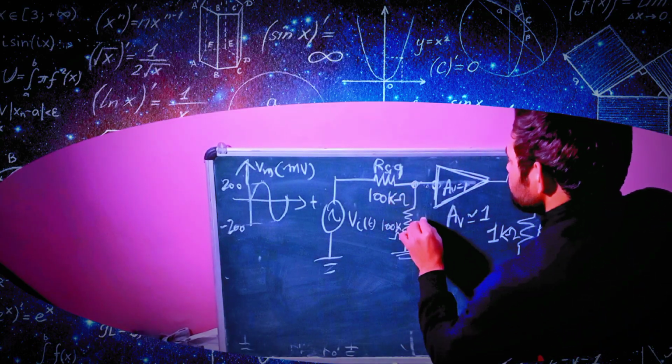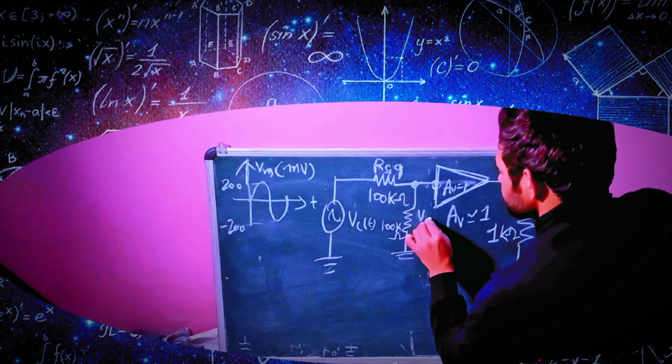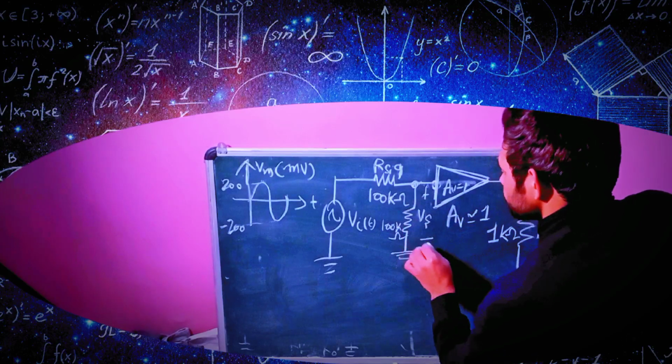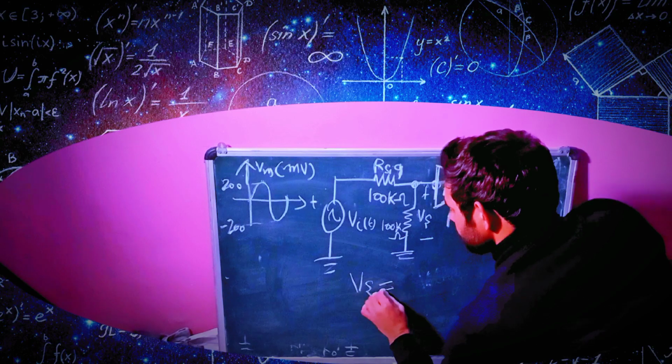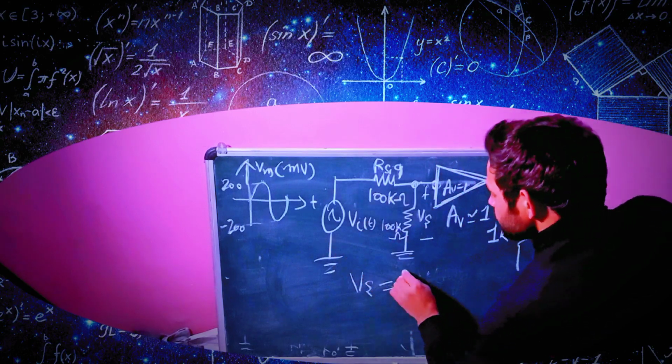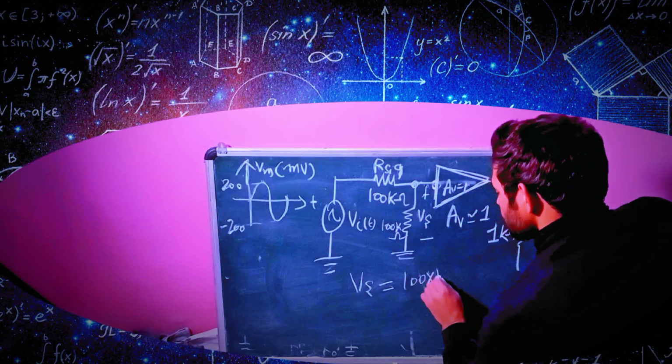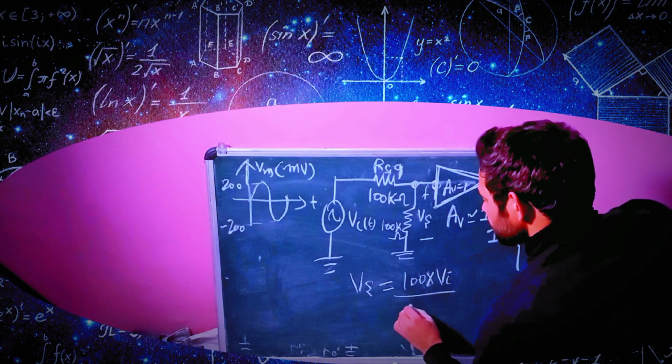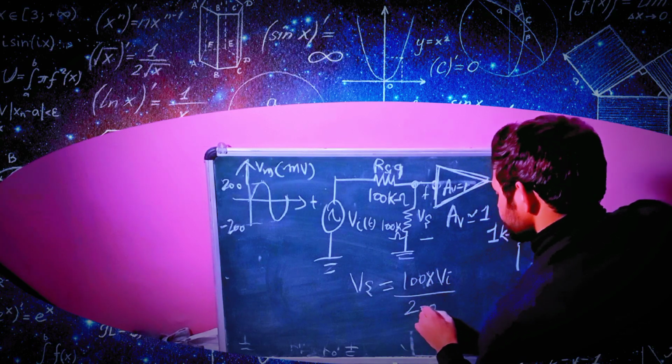Now at the input side, let's say this is my Vs voltage. How much is this Vs? By applying the voltage division rule, Vs is equal to 100 into Vi divided by 200.